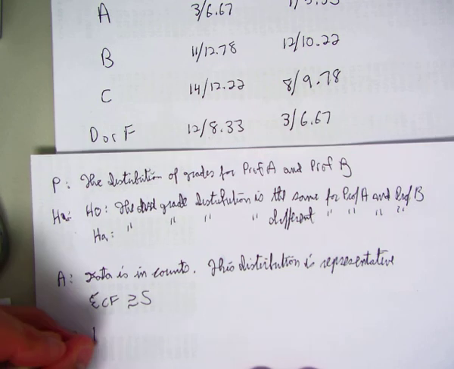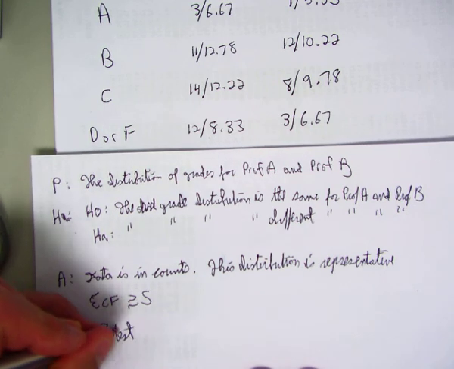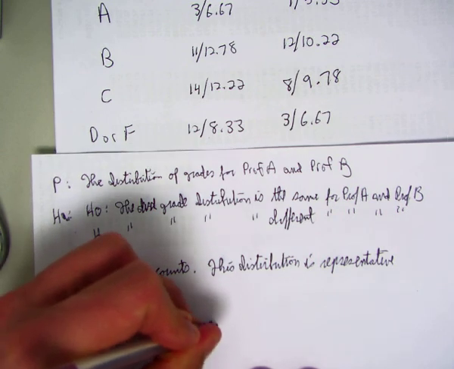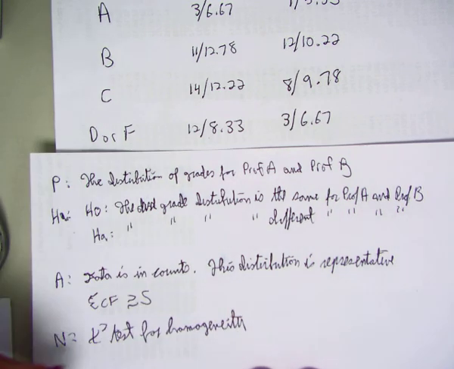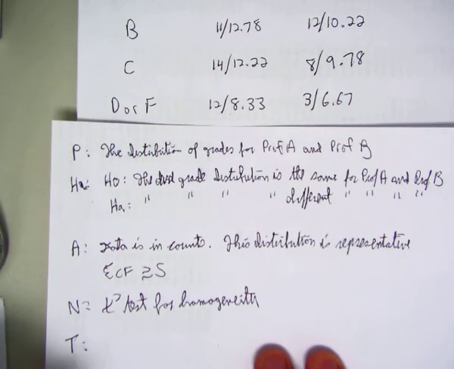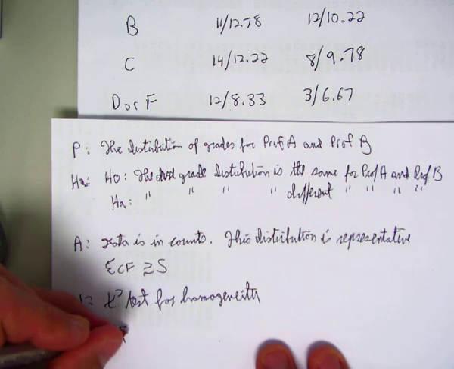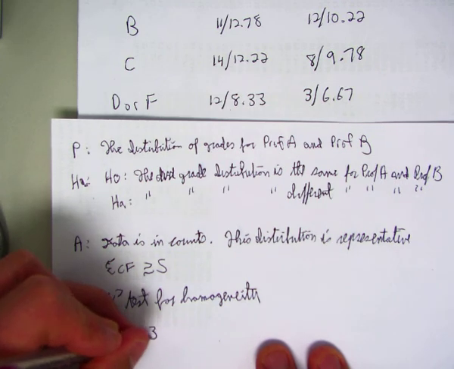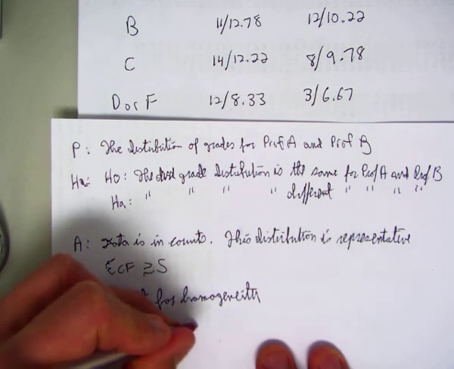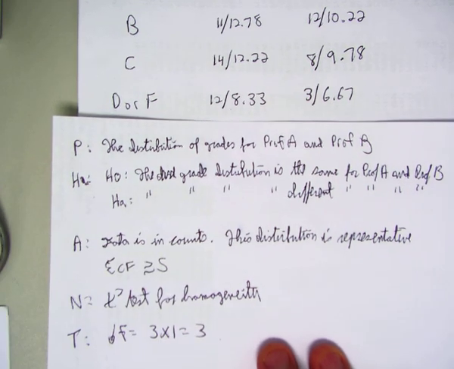Name the test. This is a chi-squared test for homogeneity. Test statistics, we already got the ECF, so now I have 4 rows. So for degrees of freedom, 4 minus 1 is 3, and I have 2 columns, so 2 minus 1 is 1, and my degrees of freedom is 3.